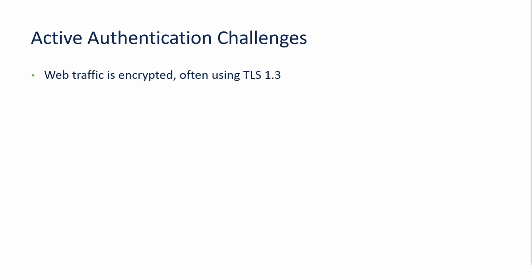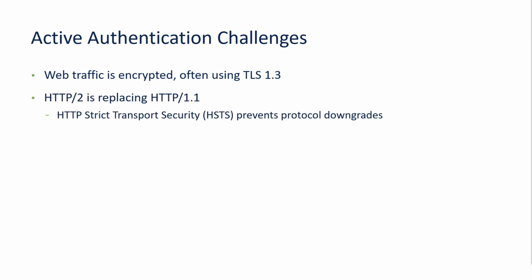Now, one of the challenges to active authentication is that the web traffic is encrypted, so we have to somehow get that authentication request injected into the web traffic using some sort of man-in-the-middle approach. Also, we have to be able to support TLS 1.3 since that is becoming more popular.